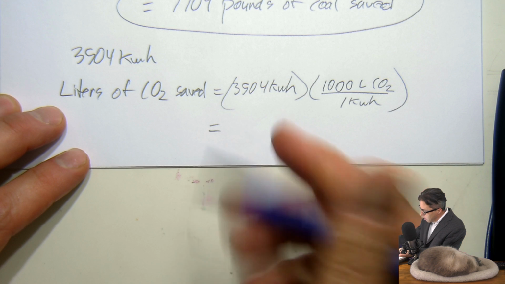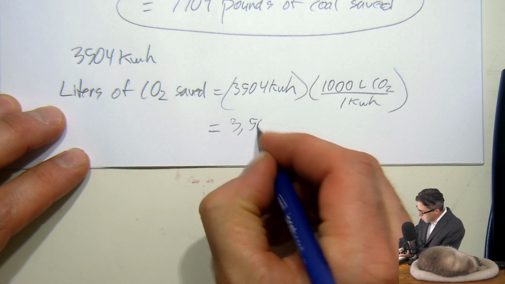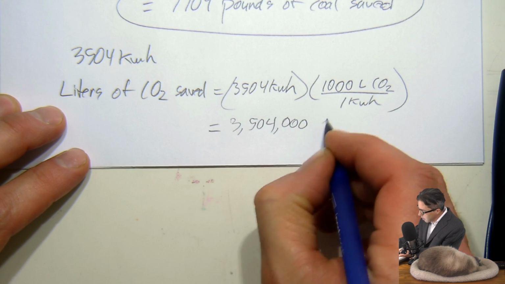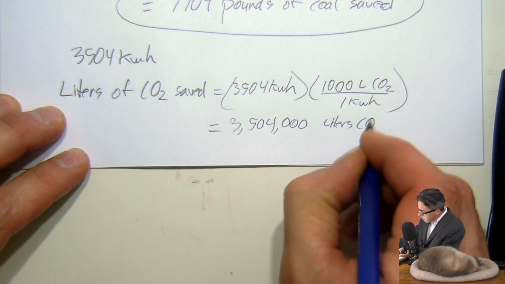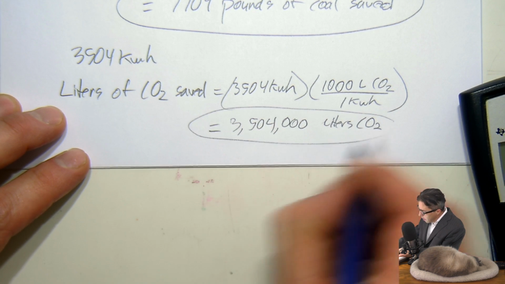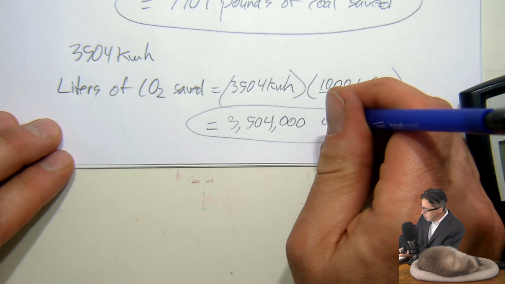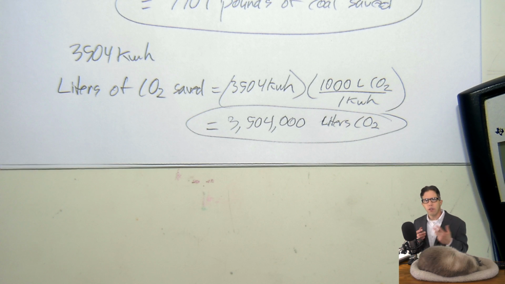So I get the number 3,504,000 liters of CO2 that are saved or prevented from going into the atmosphere. Okay, so we can do calculations like this. It's the same math that we've seen before.